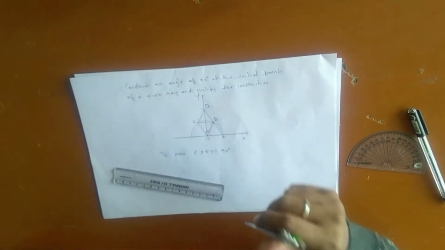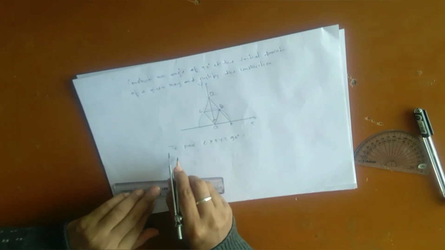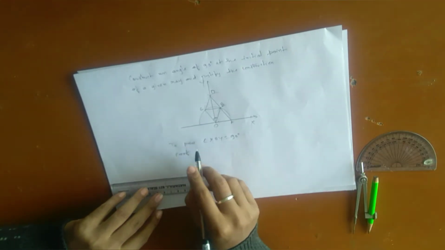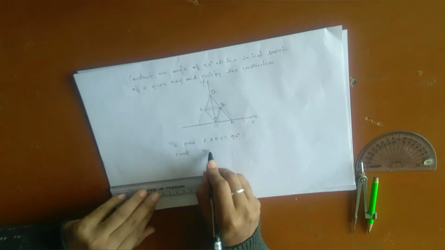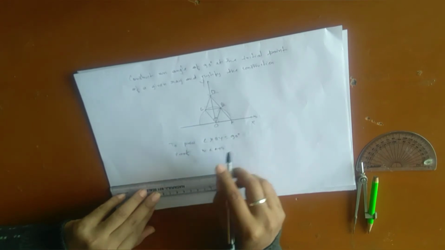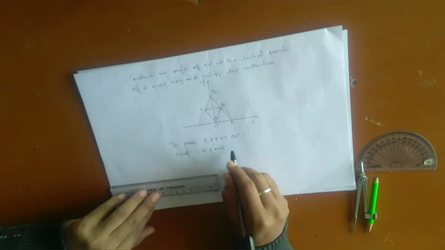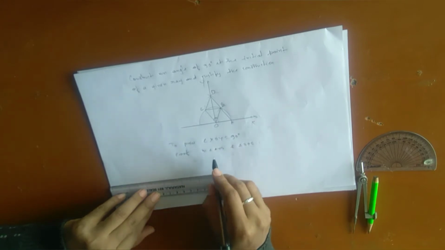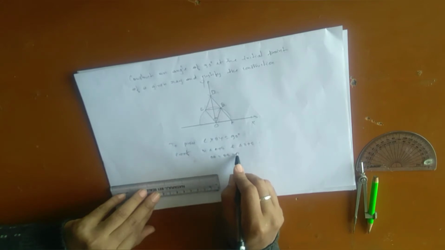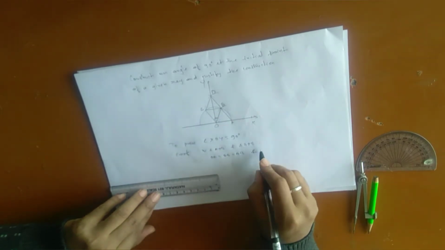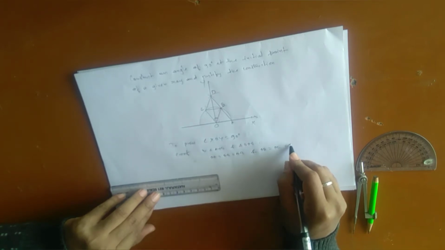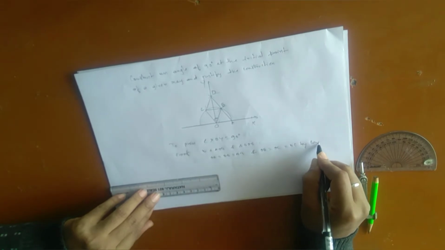So let's prove it here. We'll start here, using your pen. In triangle AOB and triangle BOC, we can see that OA equals OB equals AB, and OB equals OC equals BC by construction.